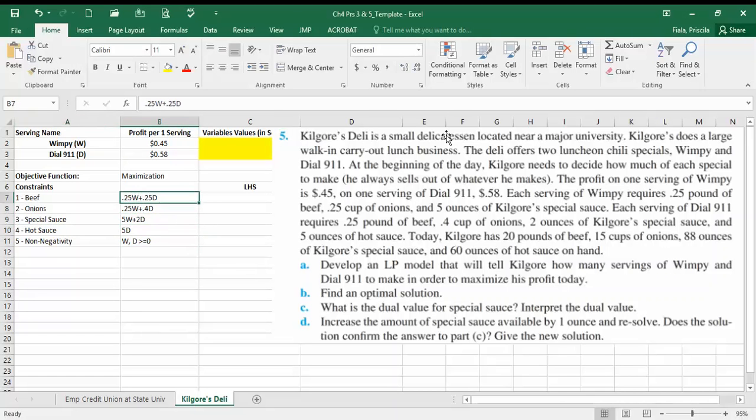Right here we only have Dio 911 for hot sauce, since that's the one they added more to make spicier. And now it tells us today Kilgore has 20 pounds of beef. Therefore, this combined is no more than 20 pounds. 15 cups of onions, so no more than 15 cups of onions. 88 ounces of special sauce, so no more than 88 ounces of special sauce, and 60 ounces of hot sauce on hand.